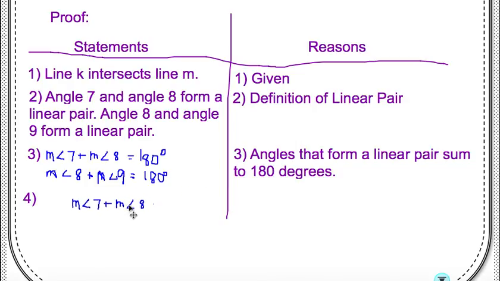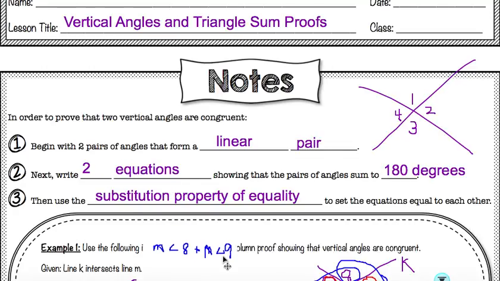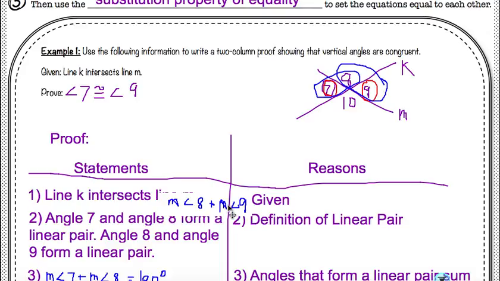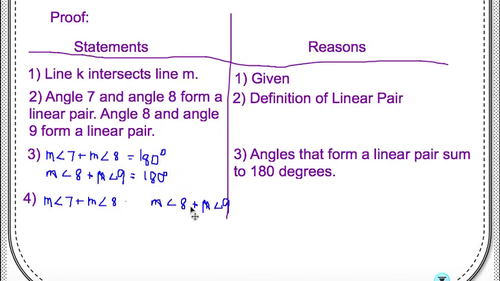Okay, so I have the measure of 7 plus the measure of 8. It's going to be equal to the measure of 8 plus the measure of 9. Okay, these are equal.